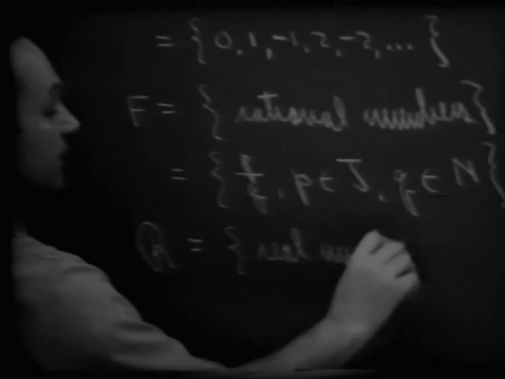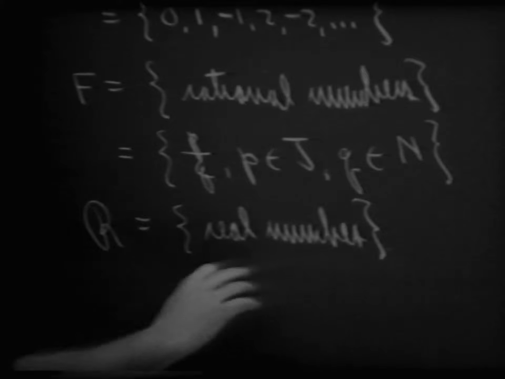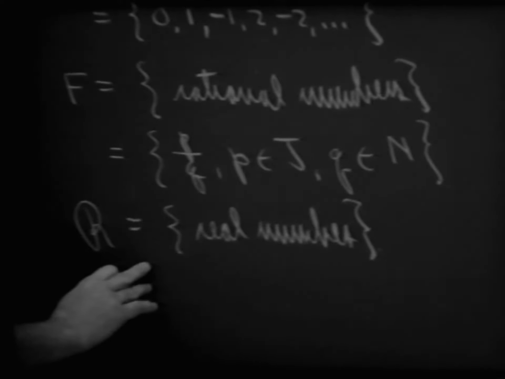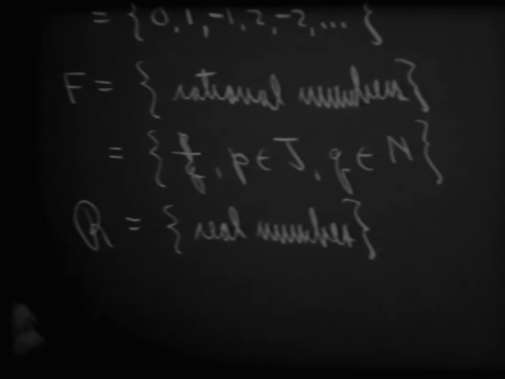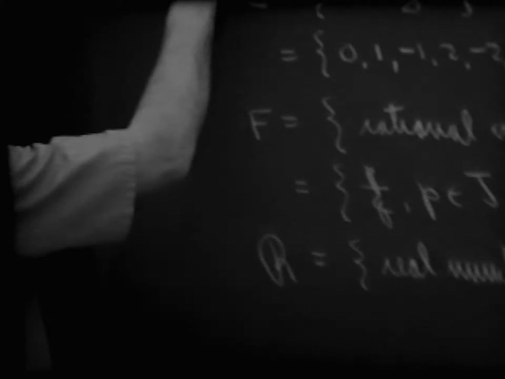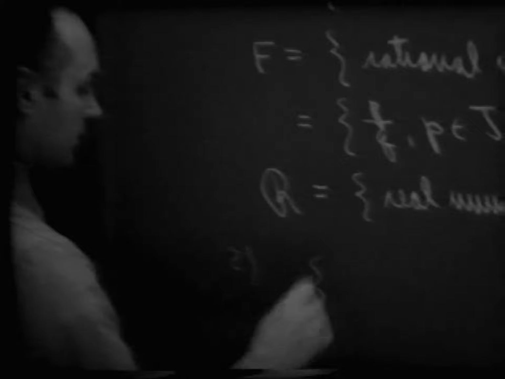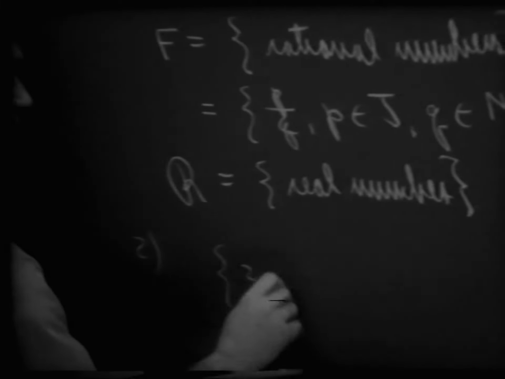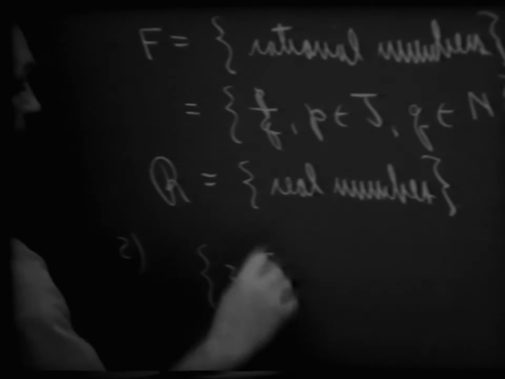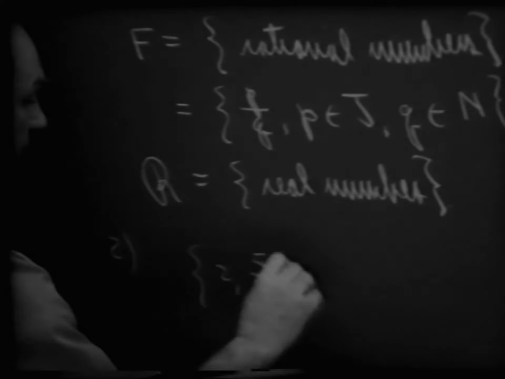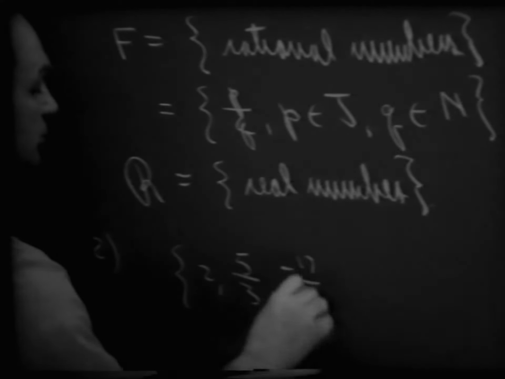Now, from our number system, what I'd like to do is to look at perhaps another kind of number. Let's call this idea 1. Suppose, for example, I pick out some small set: 2, 5 thirds, negative 17 twelfths.